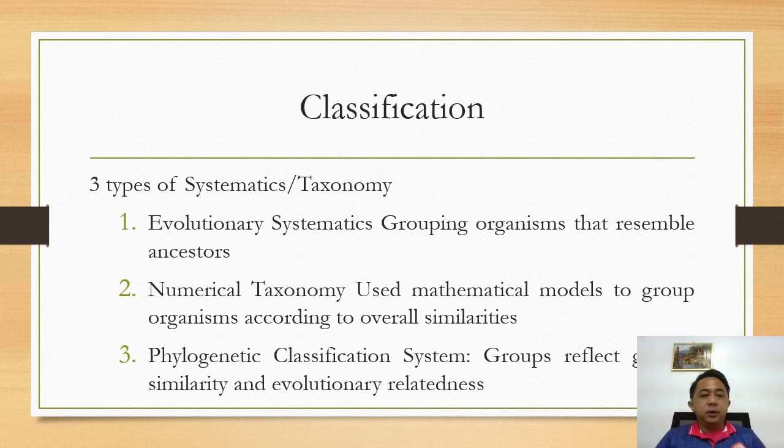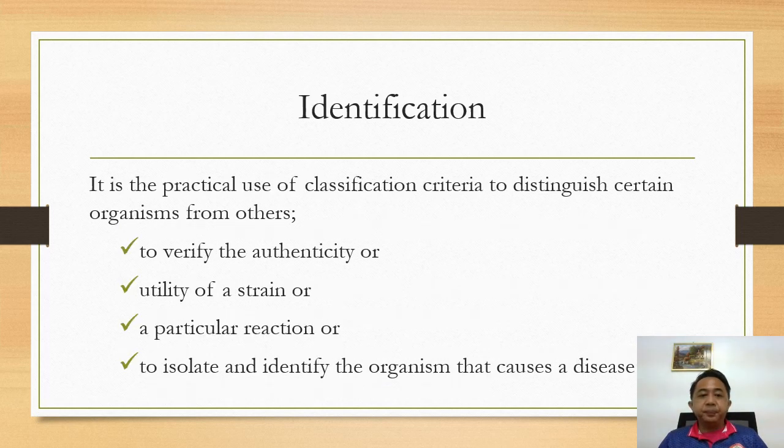The next type is numerical taxonomy, which involves the use of mathematical models to group organisms according to overall similarities. And the last type of systematics or taxonomy is the phylogenetic classification system, wherein we group based on similarity and evolutionary relatedness. Those are the three types of systematics or taxonomy.